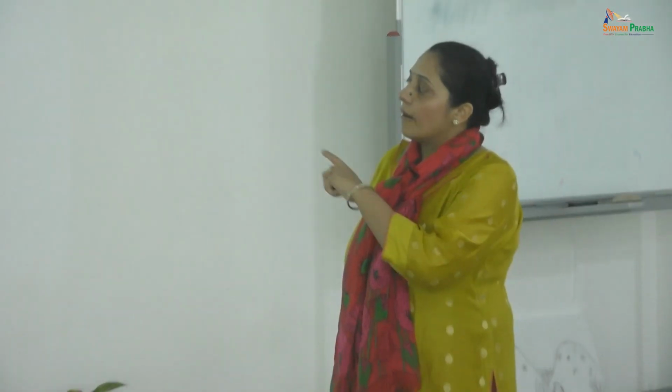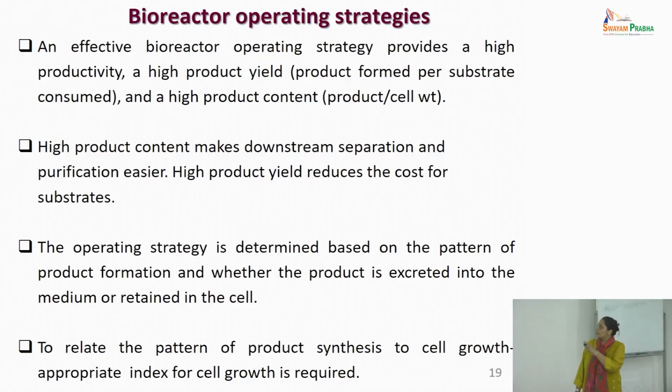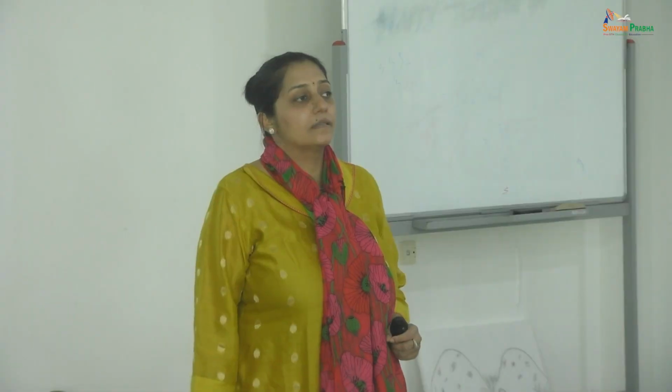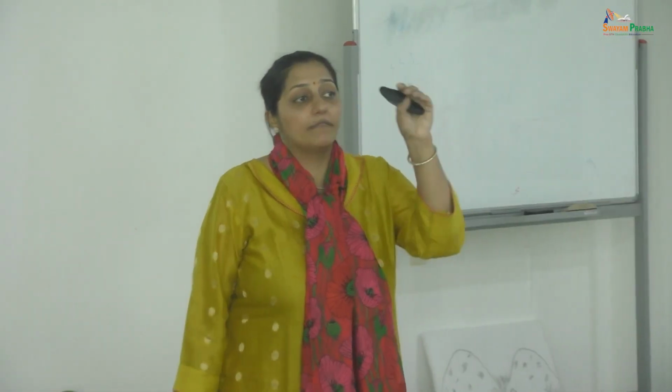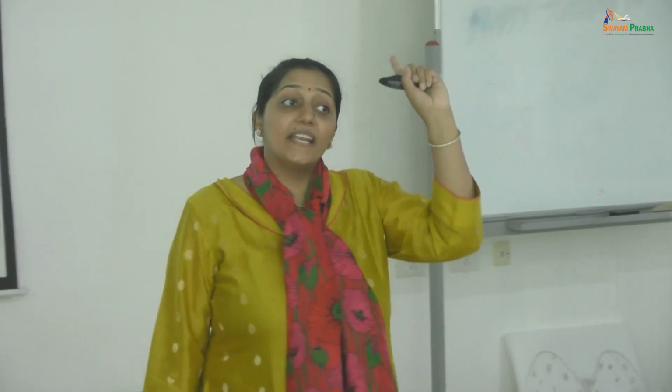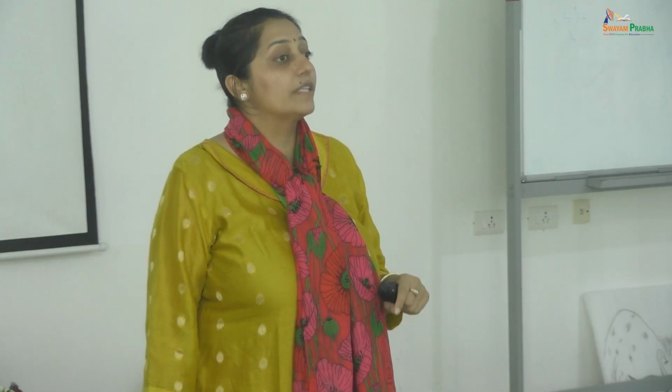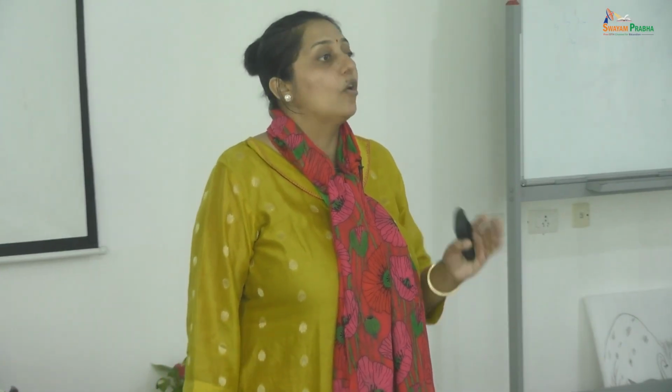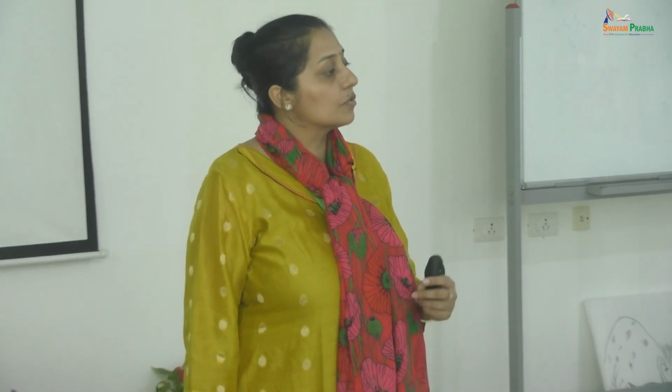So when we optimize any process, we should work on both parameters, high product yield and high product content. The operating strategy is determined based on the pattern of product formation. That's very important. How do we determine that? From where will you get that knowledge? We did the cell kinetics in the shake flask, which helps you know whether your product is growth associated, non-growth associated or mixed growth associated.